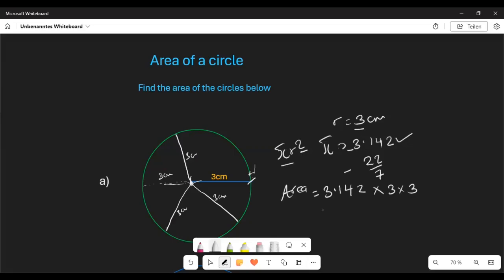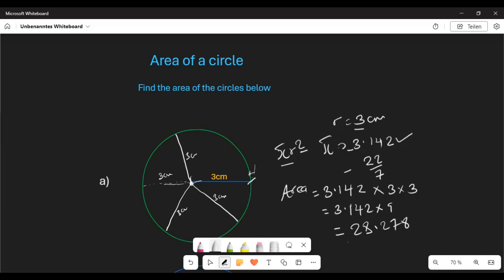So here we're going to say 3.142 multiplied by 9. When you multiply 3.142 by 9, you get 28.278.